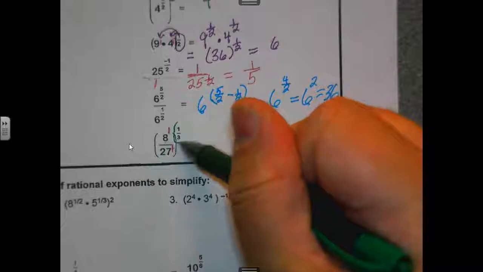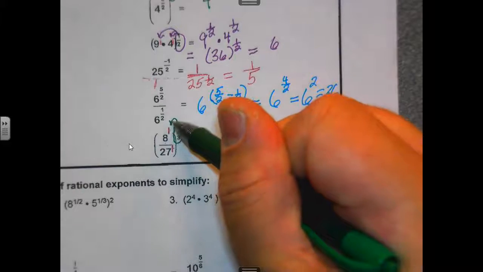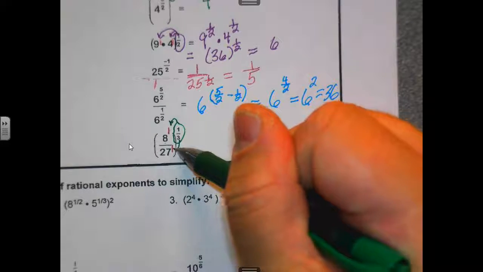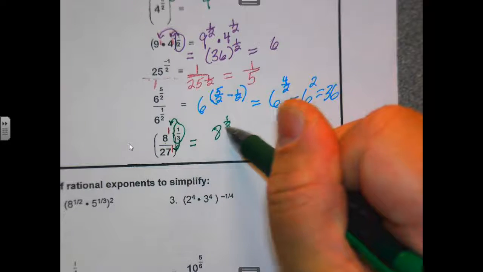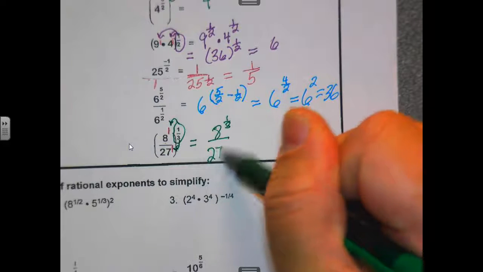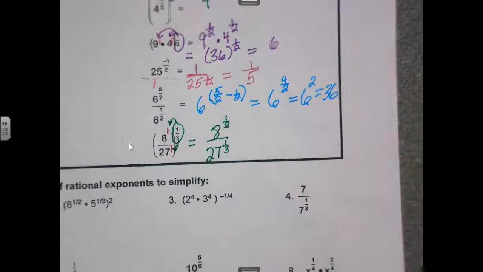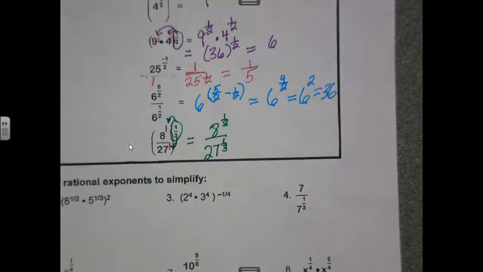So you're going to take 1/3 times 1, 1/3 times 1. I'm going to get 8 to the 1/3 over 27 to the 1/3. Anybody know what 1/3 exponent is in radical form? It's the cube root.